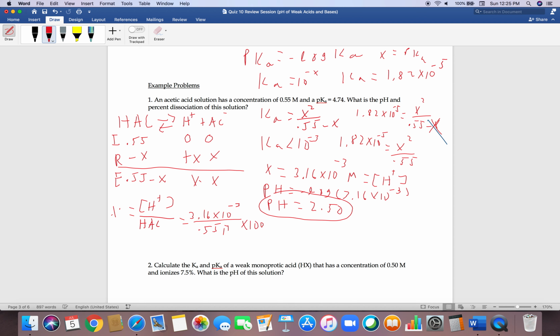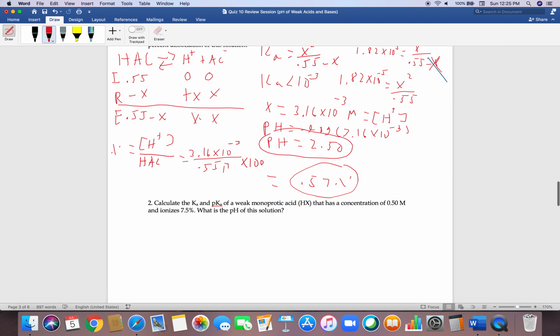So the percent ionization is going to equal 0.57%. So this acid is going to dissociate very little. As you can see here, it's a lot of math. You got to keep track of everything, but it's a standard type of problem that you would see.